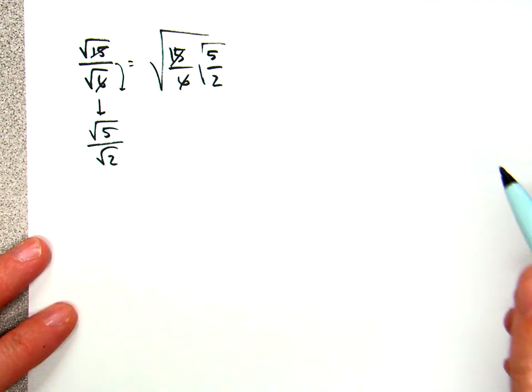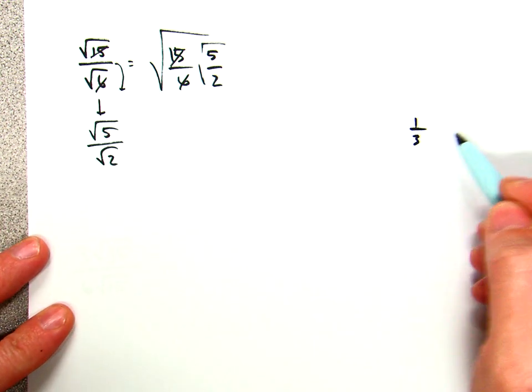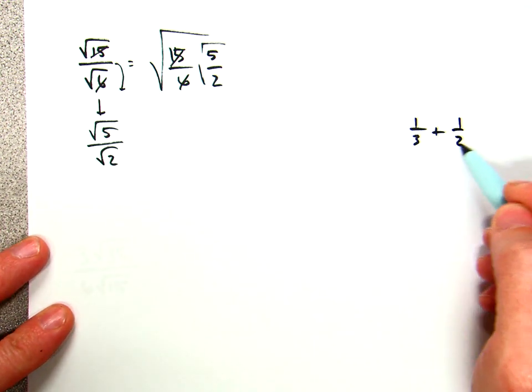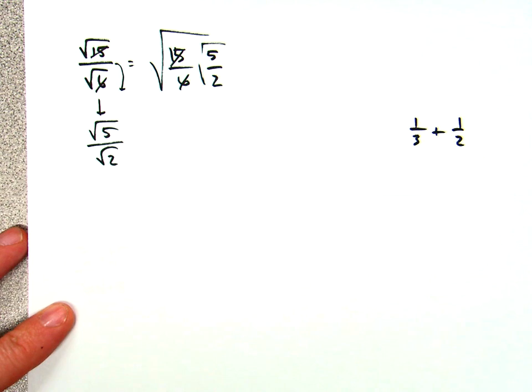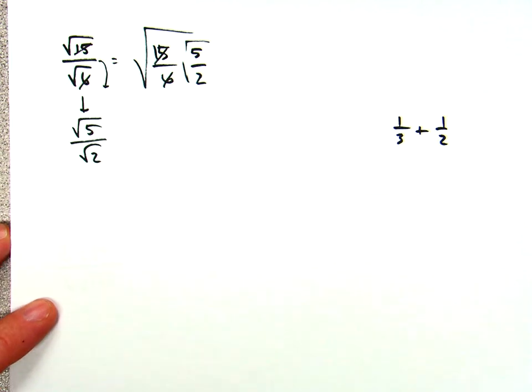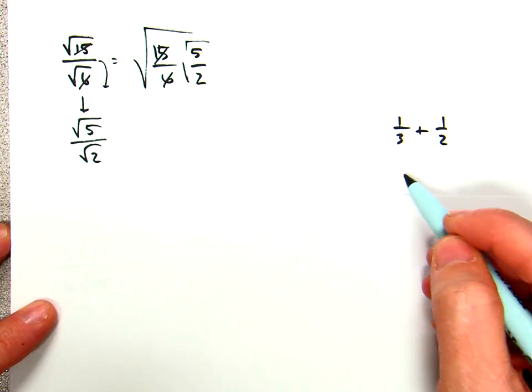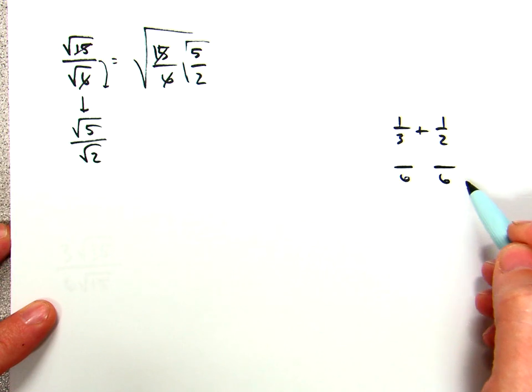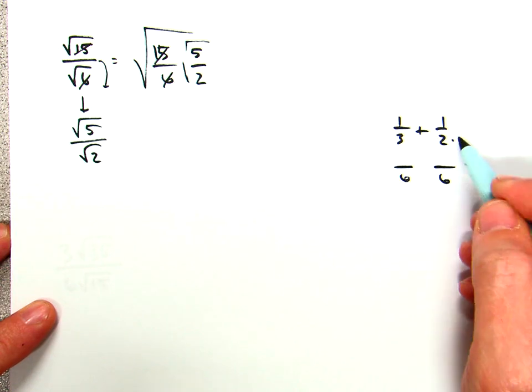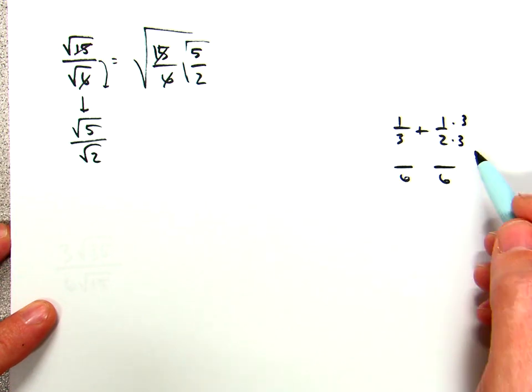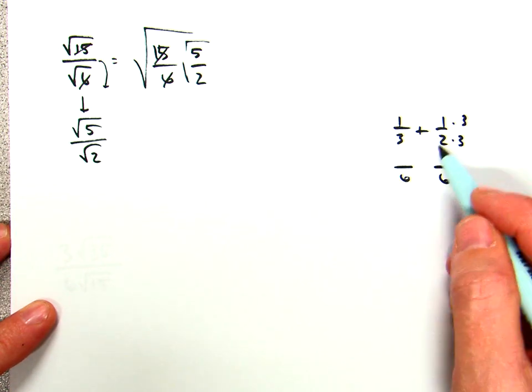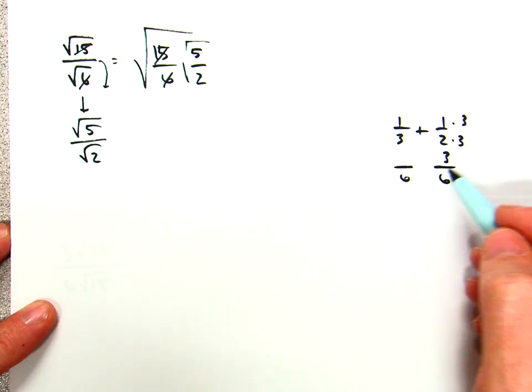Kind of like if I wanted to add 2 fractions together, we would say we can't add them together unless they had common denominators. So the least common denominator would be 6. And we'd say, if we multiply the top and the bottom by 3, then 3 over 6 is the same as 1 over 2.